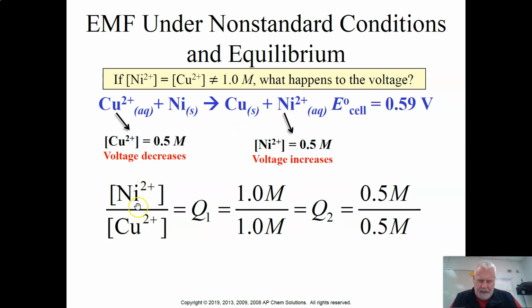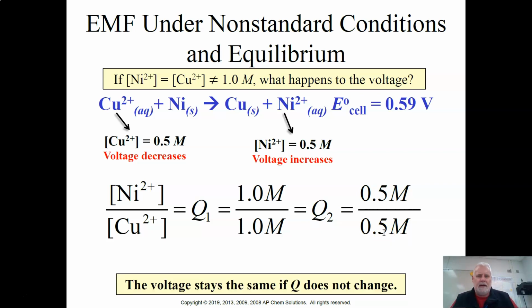So if you look at the ratio of the nickel product to the copper ion reactant, equals Q, and at standard conditions it was 1 over 1, and when you did this, it becomes 0.5 over 0.5, and that's the same thing. All right, so what happens is the voltage stays the same if Q does not change.